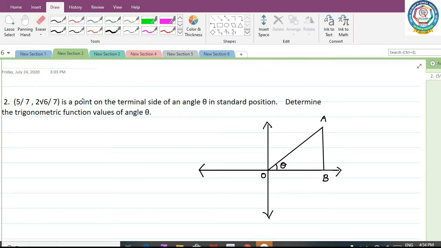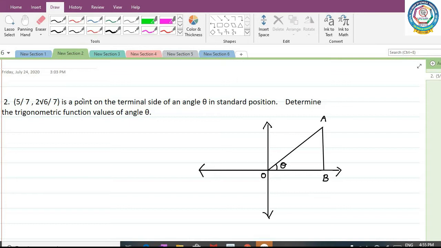Sum number 2. 5 by 7 comma 2 root 6 by 7 is a point on the terminal side of an angle theta in standard position. Determine the trigonometric function values of the angle theta. So this is the terminal side. What are the coordinates given? 5 by 7 comma 2 root 6 by 7, both are positive.